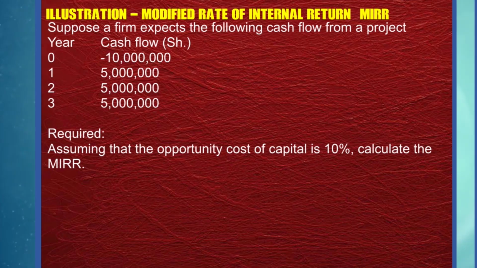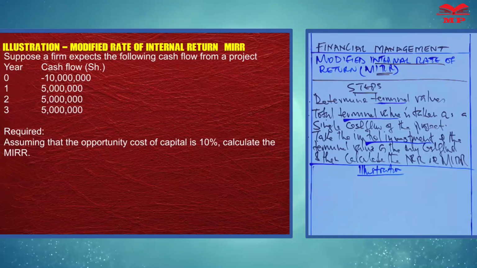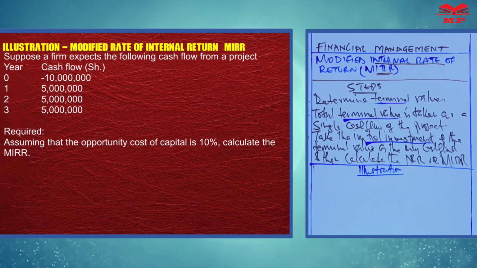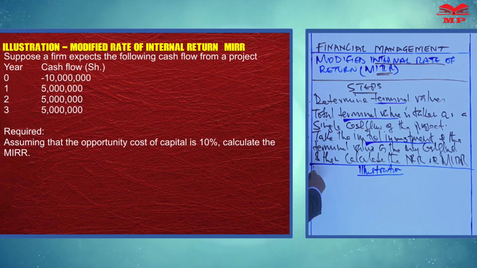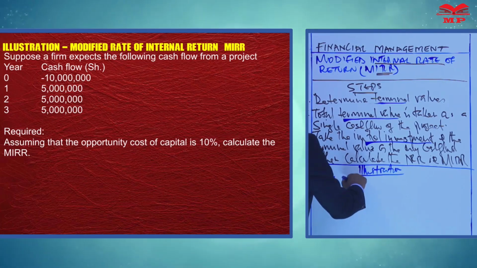The cash flows are given. So how many years are here? 3 years. Then we have another column for the cash flows.